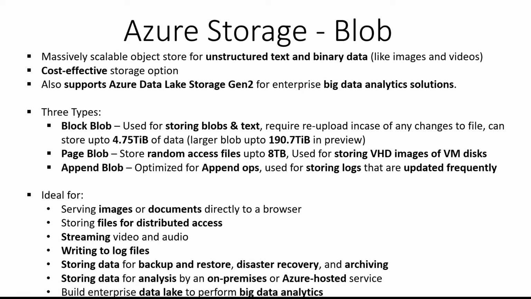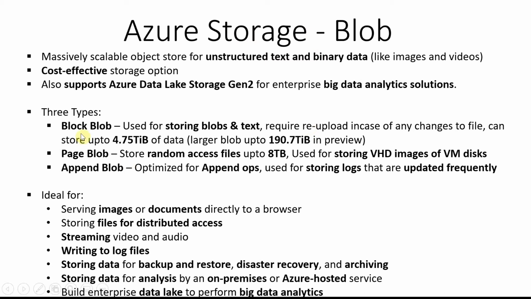Blob storage can be used for that purpose. The Gen 1 version is not suitable for that, but the Gen 2 version supports blob storage also, which is a primary use case for a big data solution.